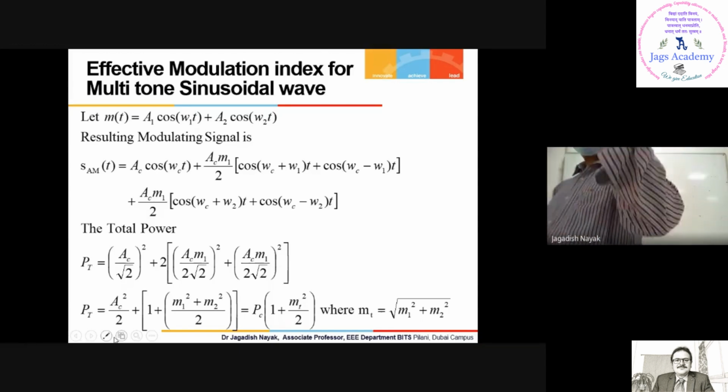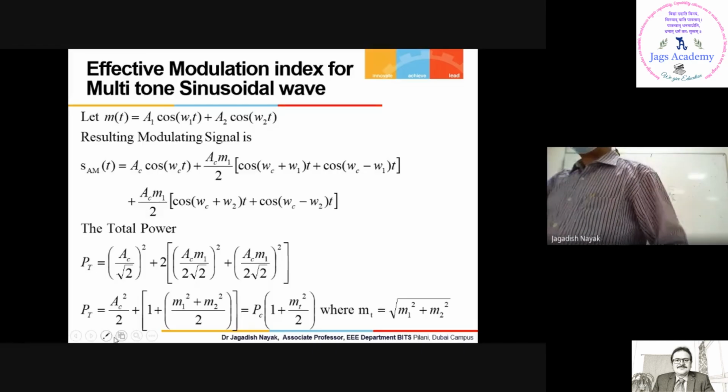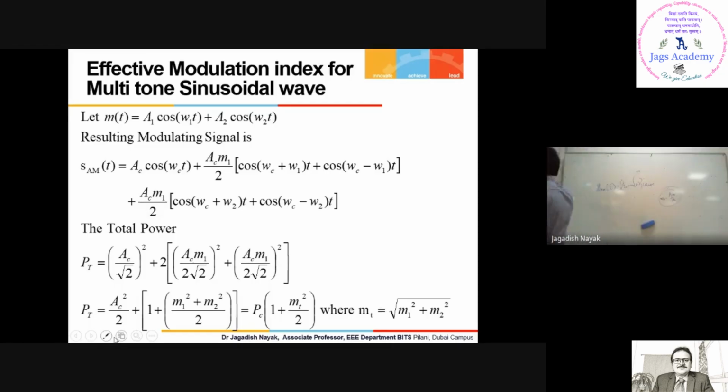You have 2 frequencies here. It's not 1 frequency, right? In the upper side band you have 2 frequencies, in the lower side band you have 2 frequencies, right? And then you have a carrier component.